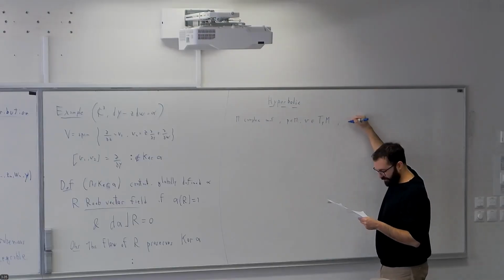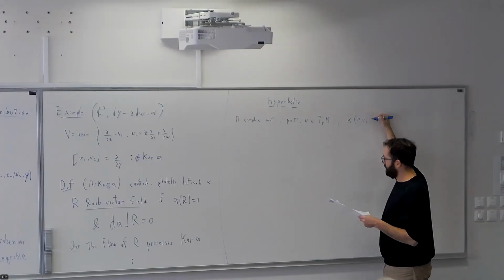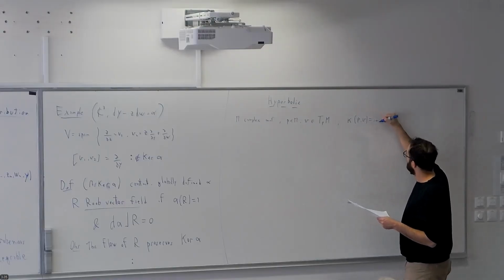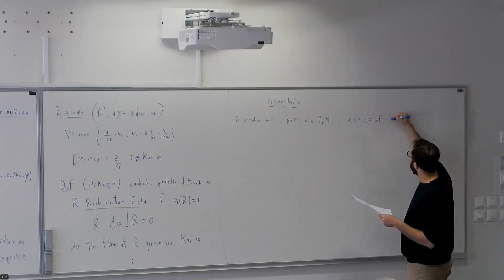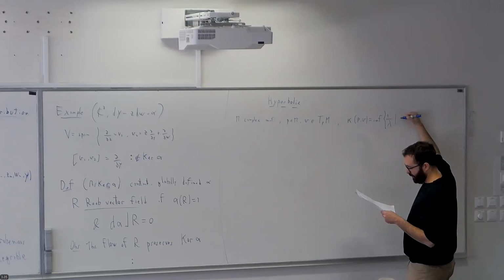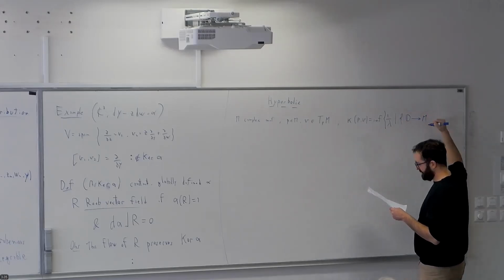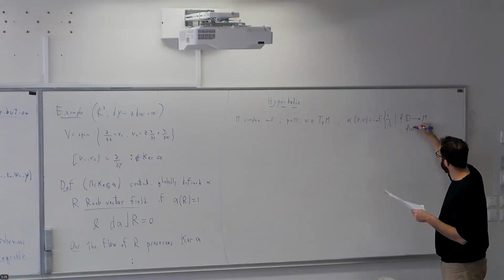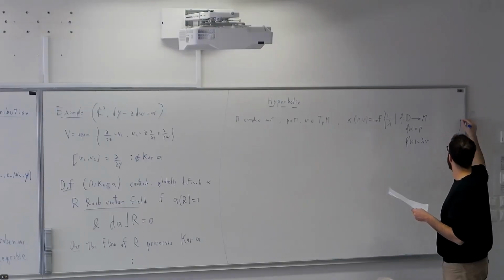We define the Kobayashi pseudometric, something which resembles the norm of this vector, and is defined as the infimum of 1 over lambda over all holomorphic disks going through P and tangent to the direction.